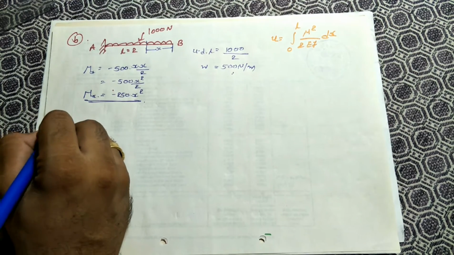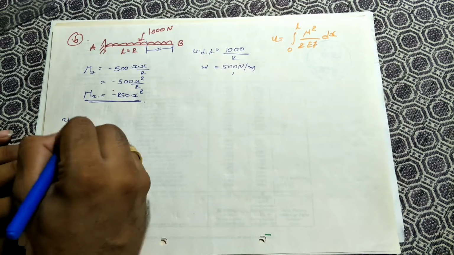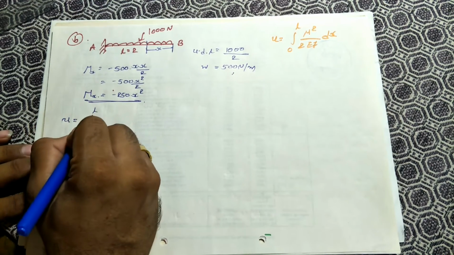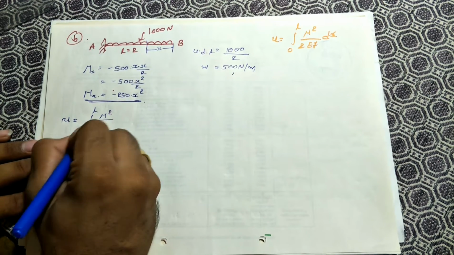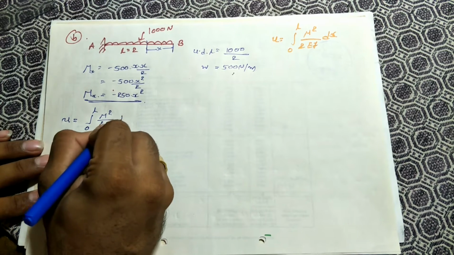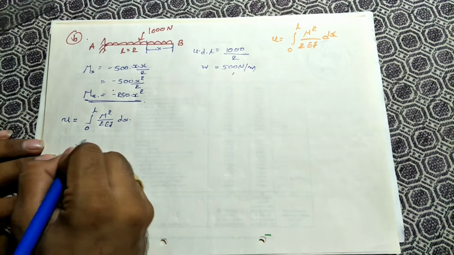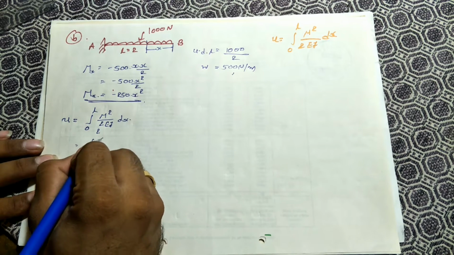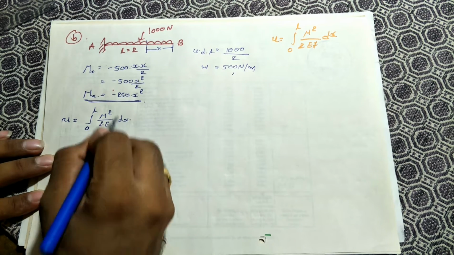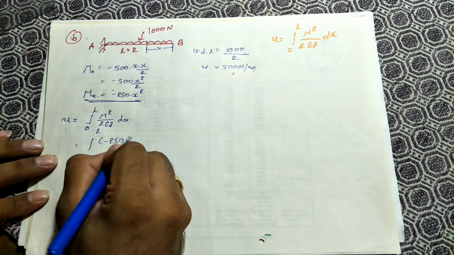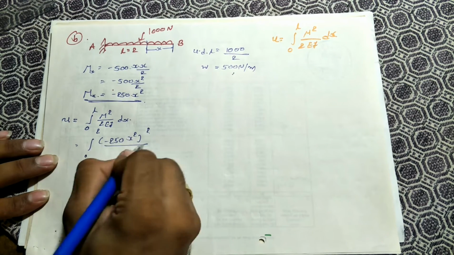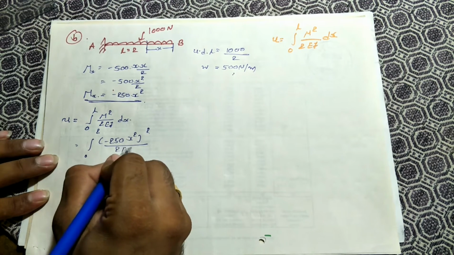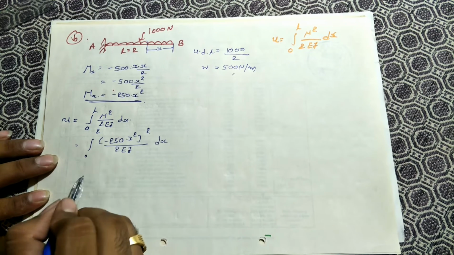Okay, so strain energy stored in a body for a beam is 0 to L M square over twice EI dx. So this is 0 to 2, minus 250 x square, whole square divided by 2EI dx.